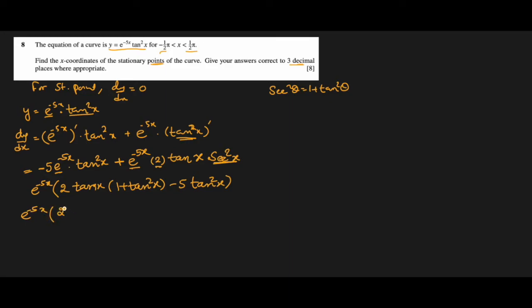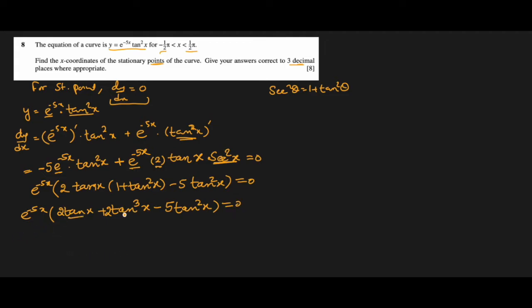2 tan x, then plus tan cube x, and that will be 2 again. 2 tan cube x minus 5 tan square x. Okay, this whole thing has to be equal to 0 because we said dy over dx has to be 0. I will make it equal to 0.